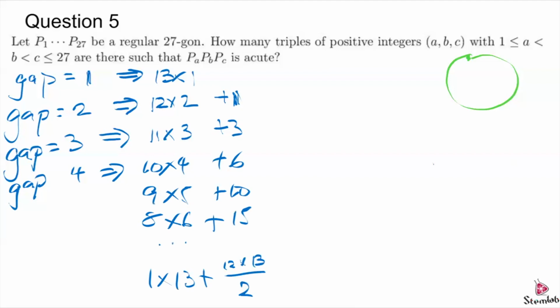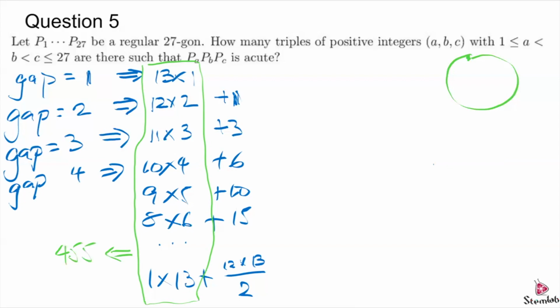So this is building up the cases with no overlaps at all. So you will find that the first column here, I just basically summed it as normal. That's 455.